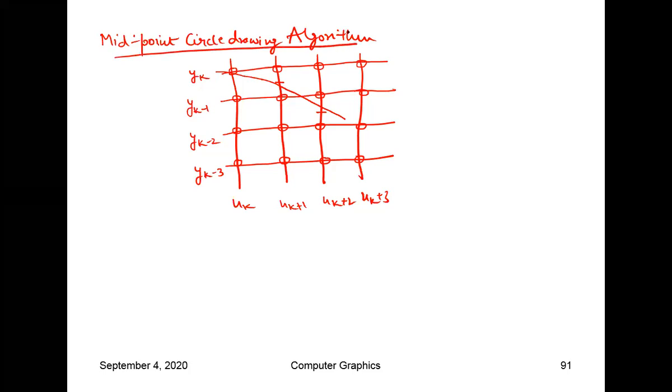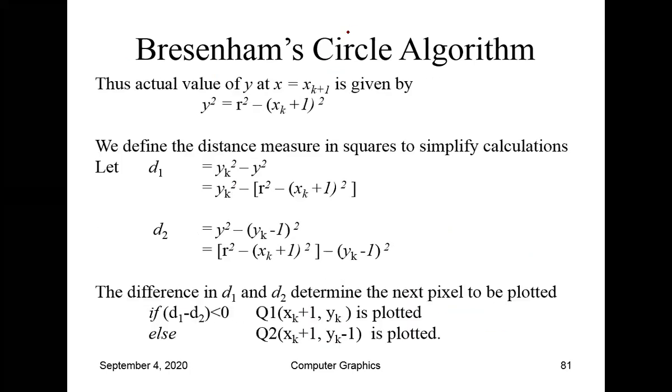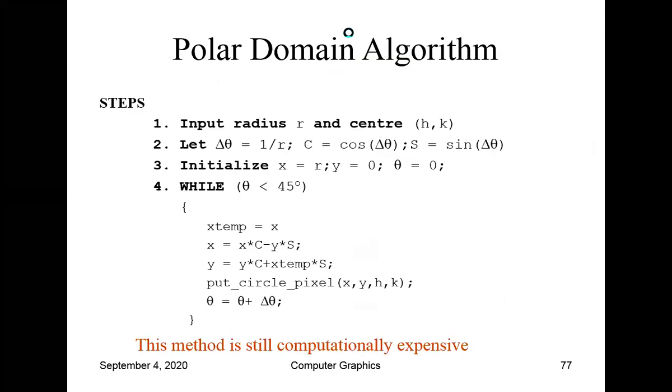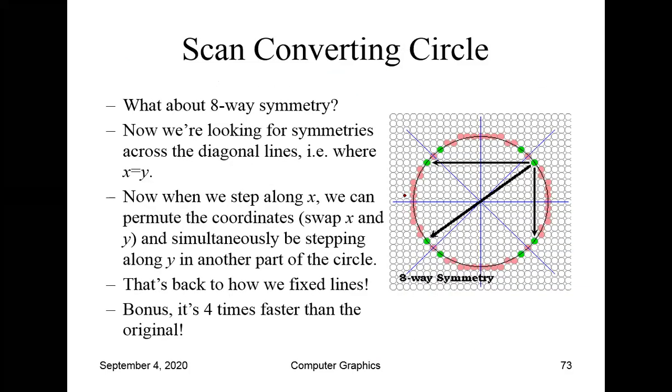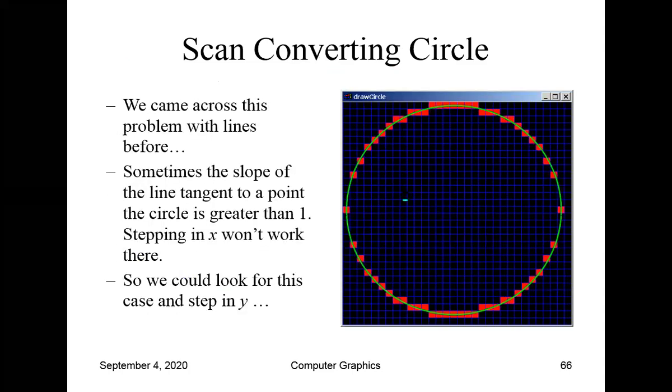So how can a circle be drawn on the screen using the pixel by pixel method? Just before the start of the algorithm, I want to tell you about the eight-way symmetry. The eight-way symmetry is very important, and what does that mean?